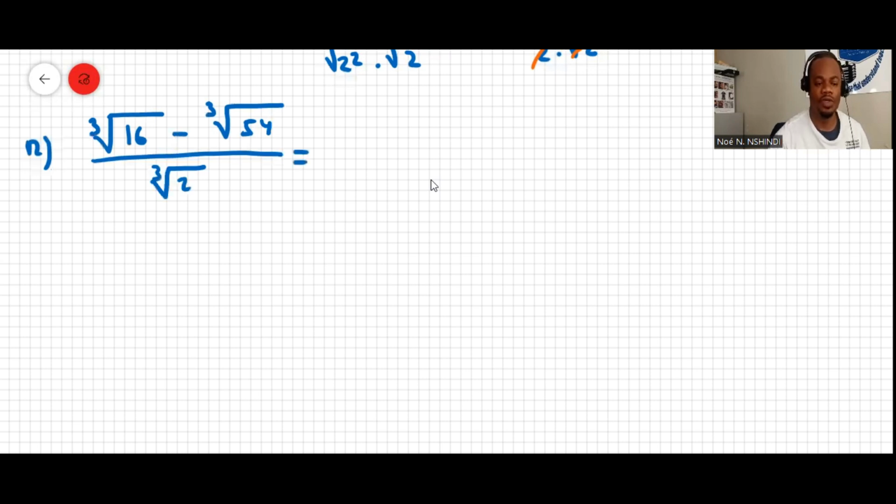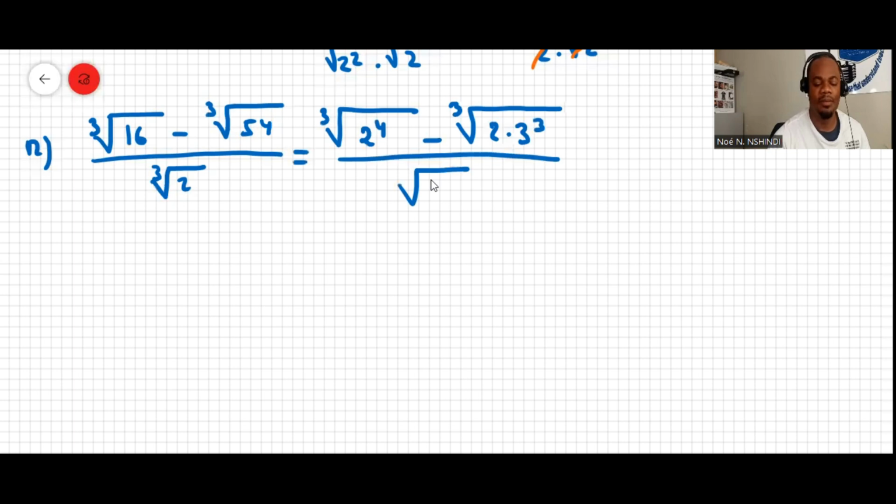Now we are first going to write everything in terms of the prime factors. So cube root of 16, 16 in terms of its prime factor is 2 to the power of 4, minus, excuse me, 54 in terms of its prime factor is equal to 2 times 3 to the power of 3, all over 3, which is already a prime number, so I just want to say cube root of 3 there. Now, because the index here is 3, okay, same there, same there.